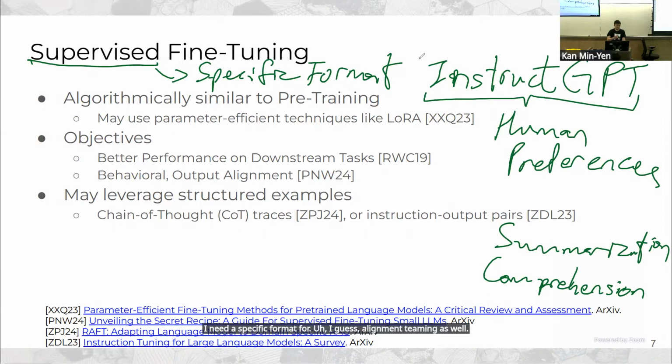So it's a little bit more involved than just pre-training, where I just throw as much text as possible. I've got to throw text of a specific format here. But once I'm done with that, it turns out that large language models are surprisingly capable of doing a lot of the traditional natural language processing tasks that were done so far, right?